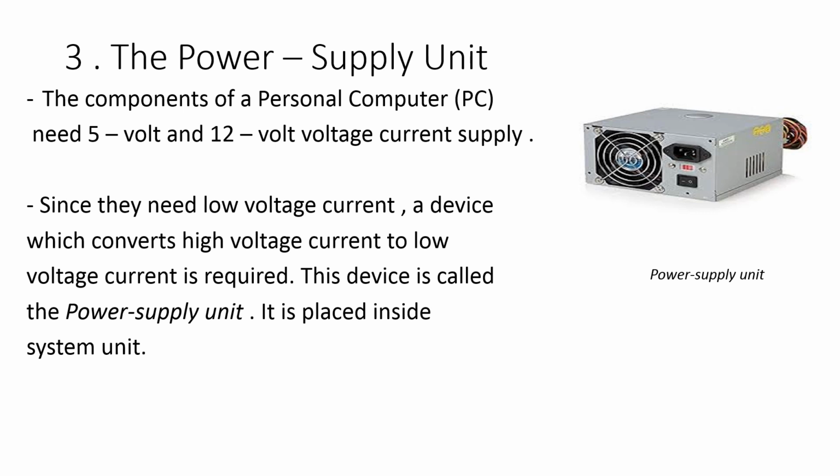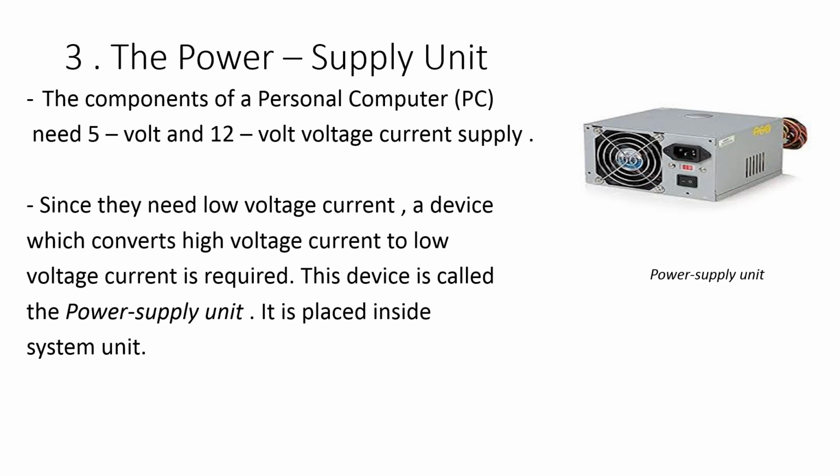Okay, now, what is meant by the power supply unit? Just know that the components of the personal computer, as in your desktop, need only 5 volt and 12 volt voltage current supply.